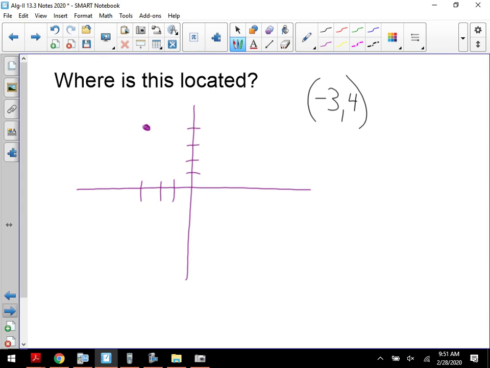Now I'm going to add some vocabulary here. The terminal side of an angle lies at the ordered pair -3 and 4. Yesterday, when we talked about terminal sides of angles, where was the vertex located? 0, 0, the origin. Then that vertex rotated to some position.